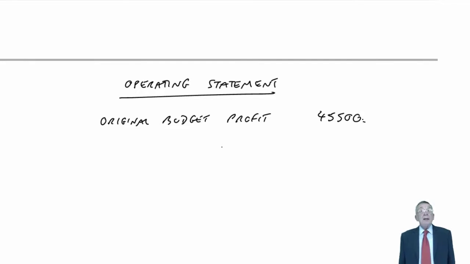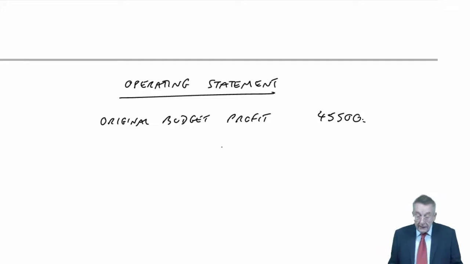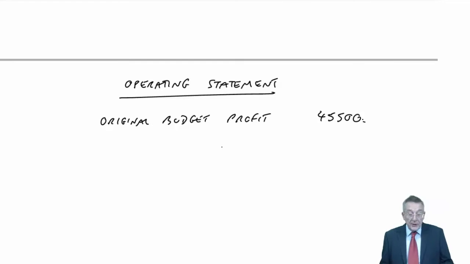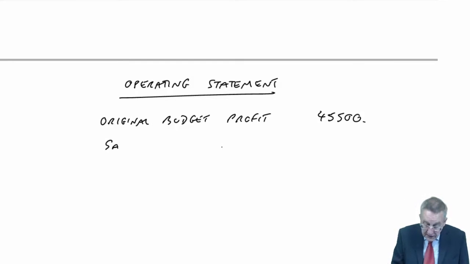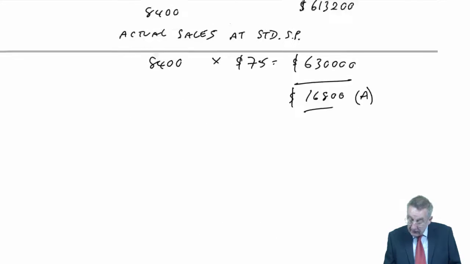Why didn't we get 45,500? Because of all these variances we've now calculated. So first of all, most obvious one, the effect of sales. We have the sales volume variance. We've just calculated that, so I don't have to go back very far.